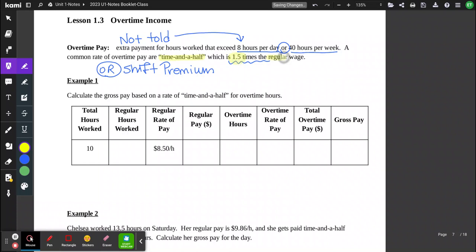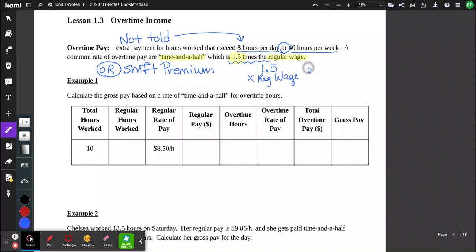So we take our regular pay and we times it by 1.5. So there's two different types: 1.5 times your regular wage, or your regular wage plus the shift premium. And both of those are going to give you your overtime wage, your overtime rate of pay.